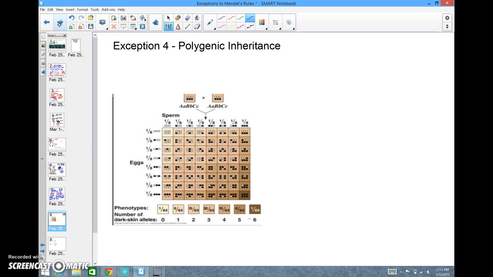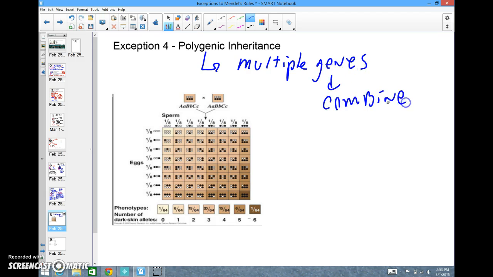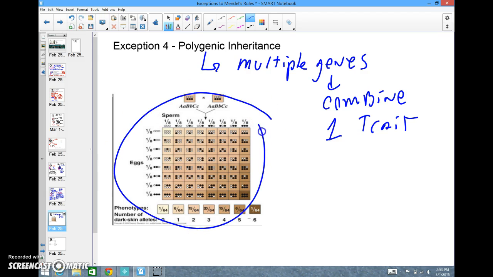All right. The first one is polygenic inheritance. And what this means is that multiple genes combine for one trait. And this actually happens a lot. In fact, a lot of your genes are involved in multiple traits, which is the next exception. But this allows your genes to provide you information for a lot of traits. And what you have right here in this chart is skin color.